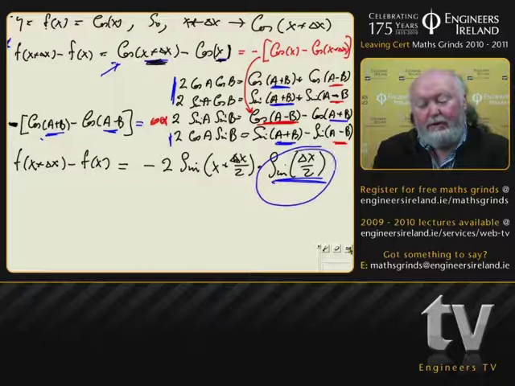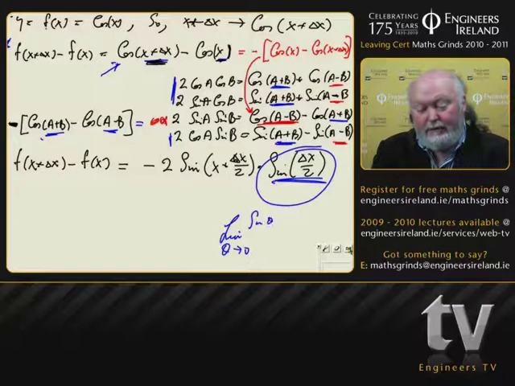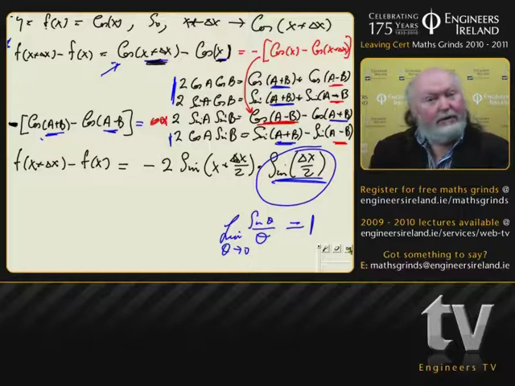We're going to cure it by using the limit as theta goes to 0 of sine theta over theta being equal to 1. We'll cure it the same way as we did in the sine, using that trick.